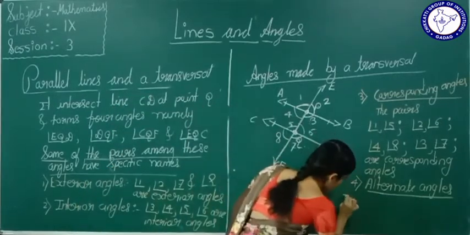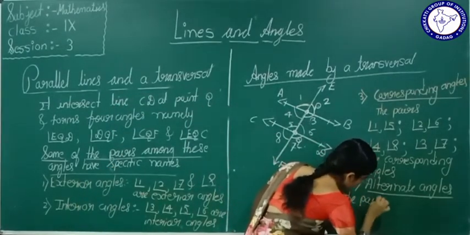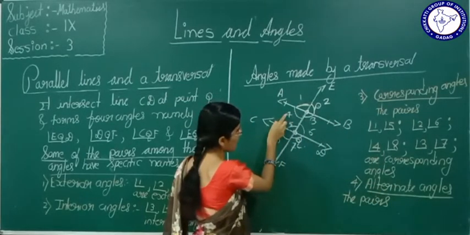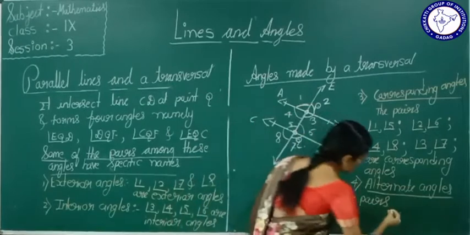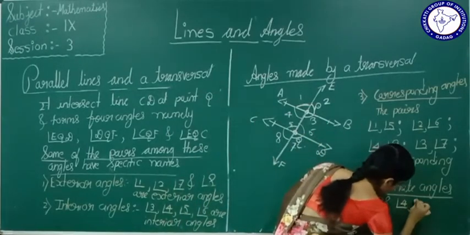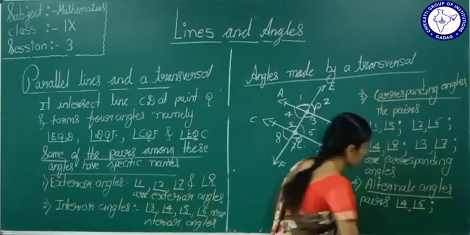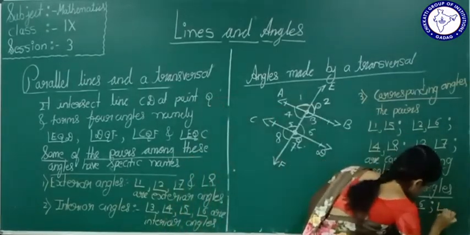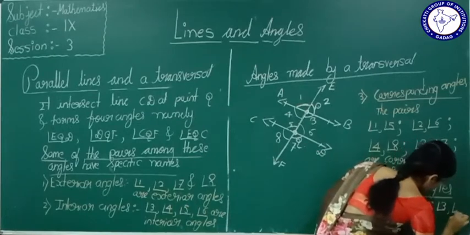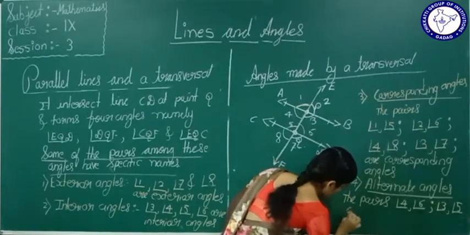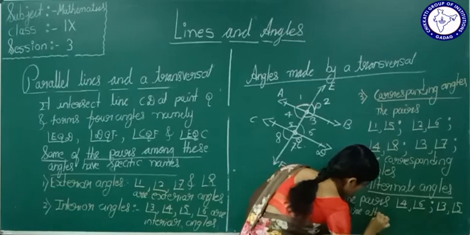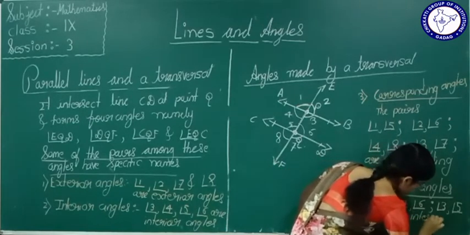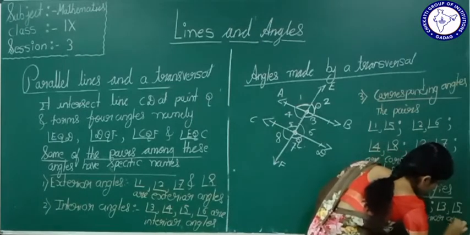Now see here, the pairs angle 4, angle 6, angle 3, angle 5 are alternate interior angles.